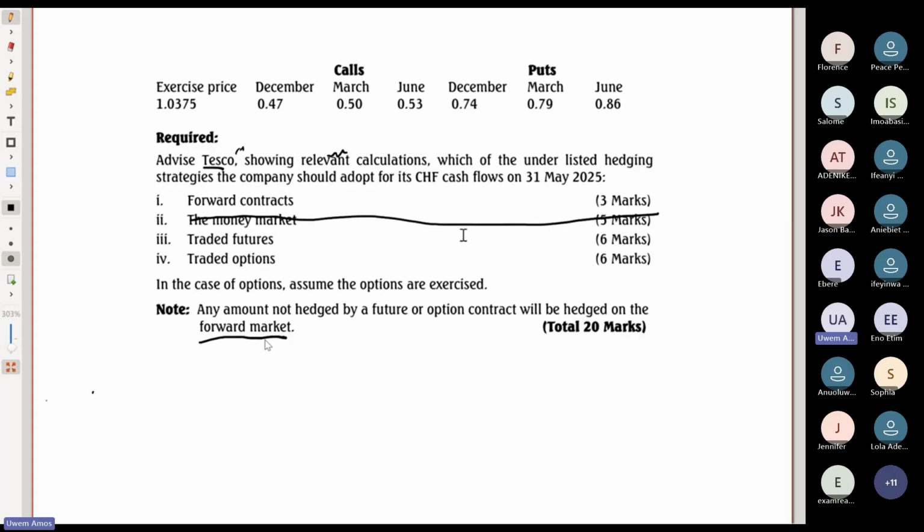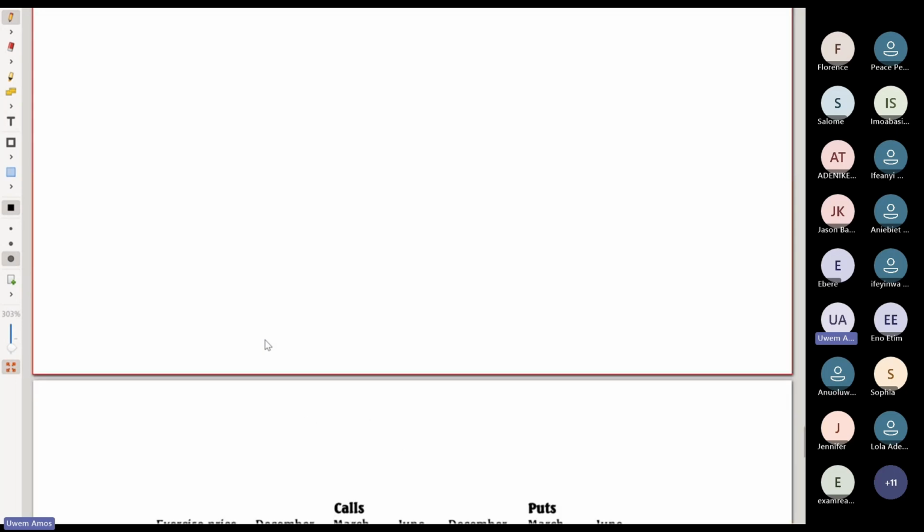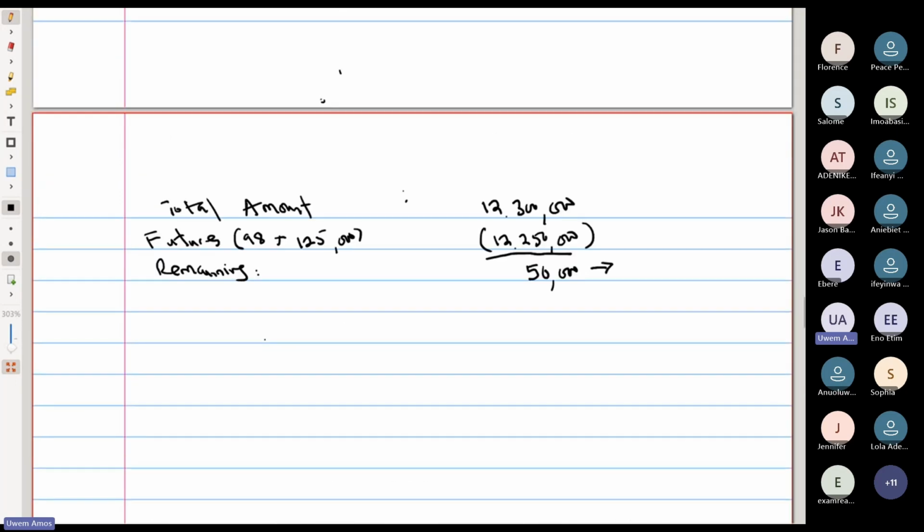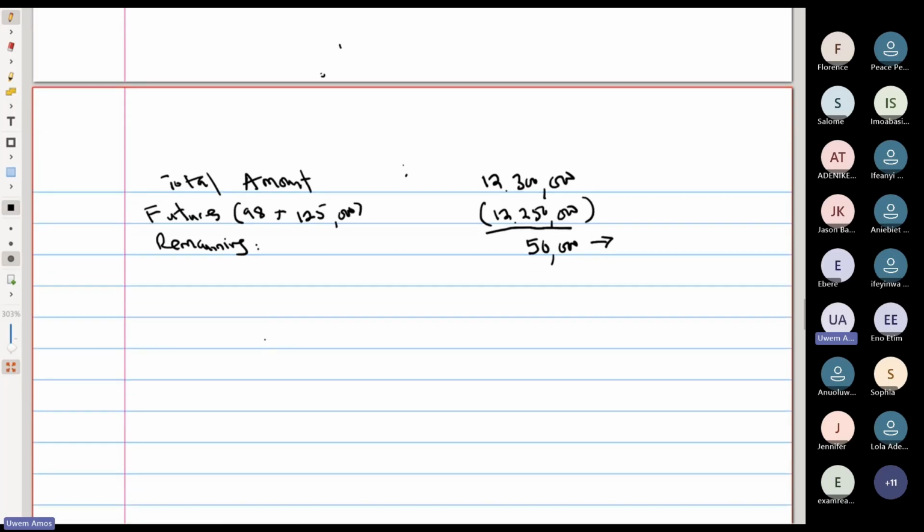We just go to the forward market and determine what the equivalent for that 50,000 is, and we just add it and get our total value. So for now, just note that we are going to hedge 12,250,000 with futures, and we're going to hedge this 50,000 with forwards. I'm going to come back to that 50,000 when I'm putting my solution together. Once I'm done with the futures, I'll just add what the forward equivalent value is, and that gives me my total.